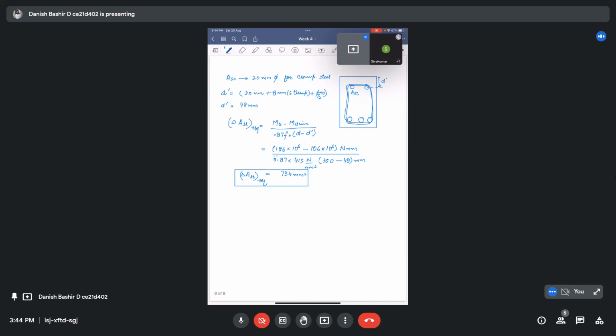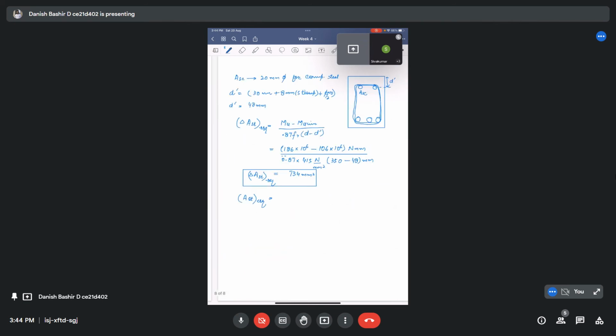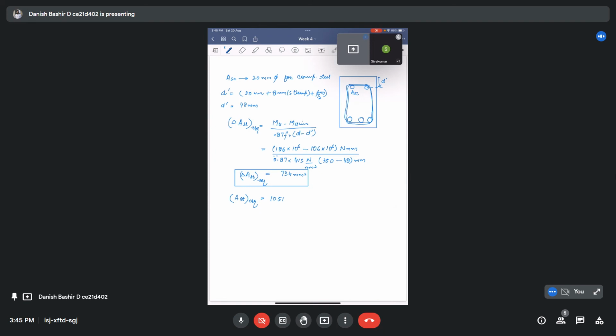So our AST required will be the already placed AST limiting that we calculated, 1051, plus delta AST 734, which comes out to be 1785 mm square. Now you have to arrange this 1785 mm square in a number of bars.